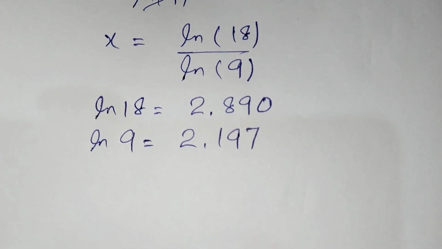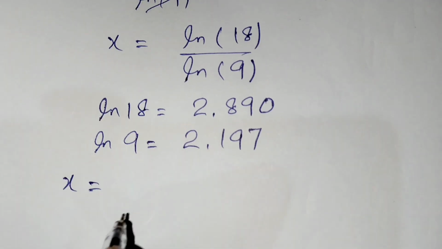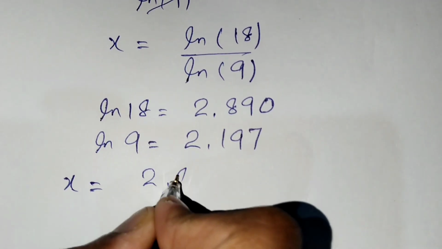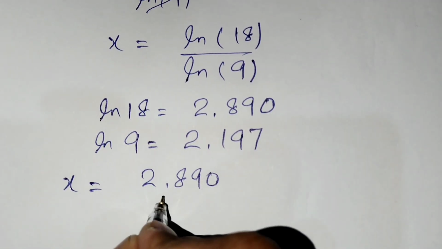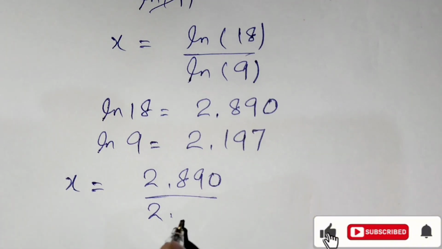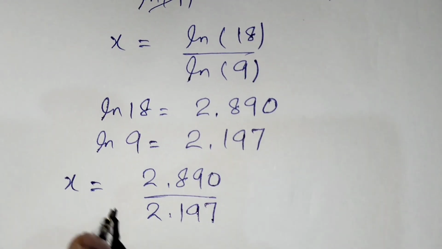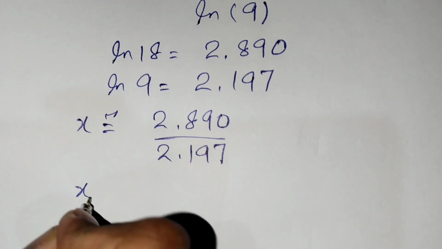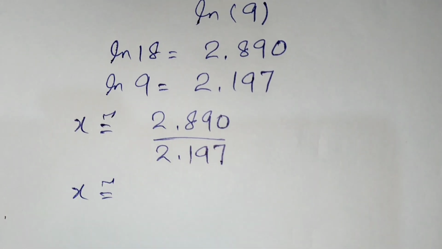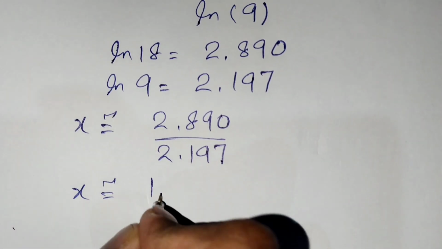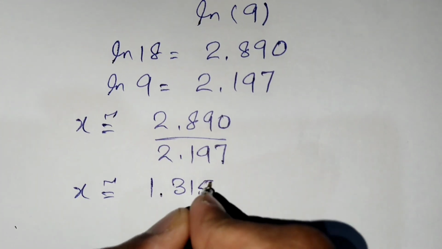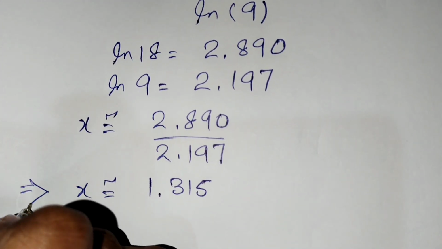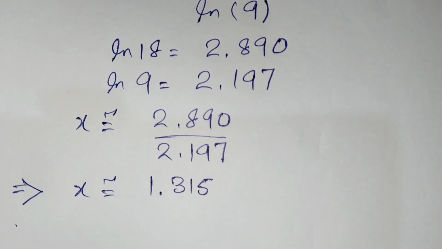By putting these values, x will be equal to 2.890 divided by 2.197. This is approximate. So x will be approximately equal to 1.315. This is the value of x from method 1.